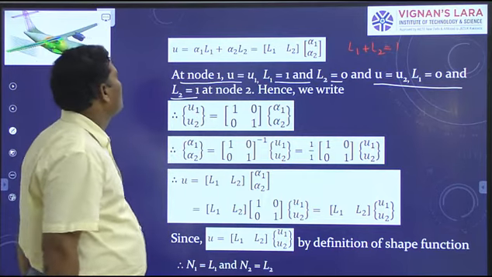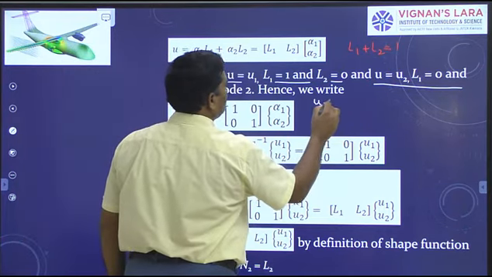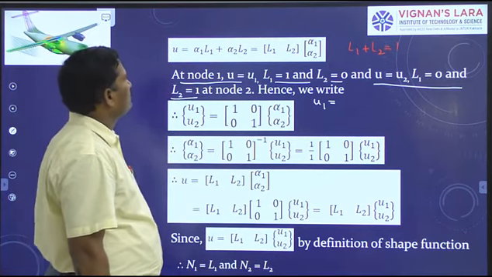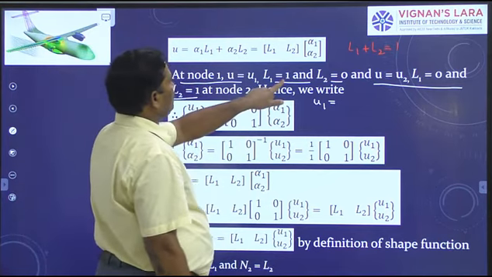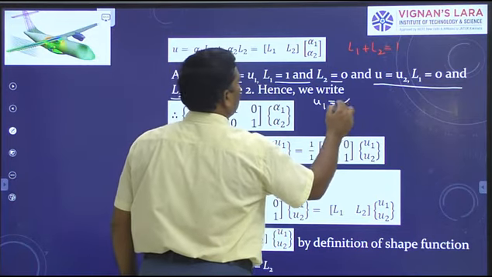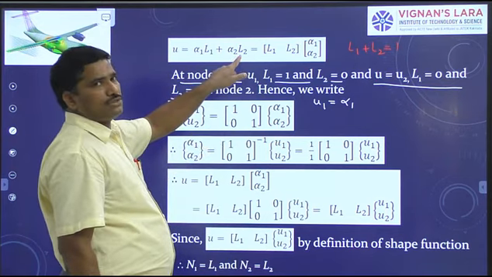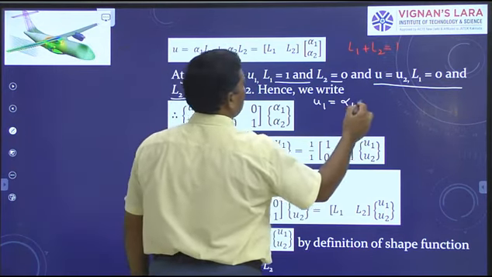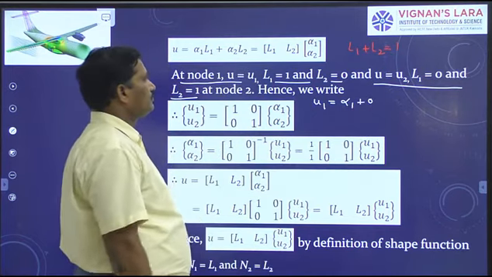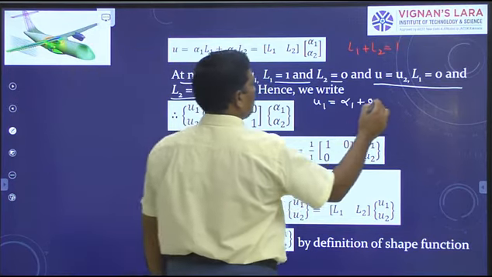That we see. At node 1, U equals U1. Therefore, U1 equals, with L1 equal to 1, alpha 1 plus L2 equal to 0, so plus 0. Therefore, what you get?